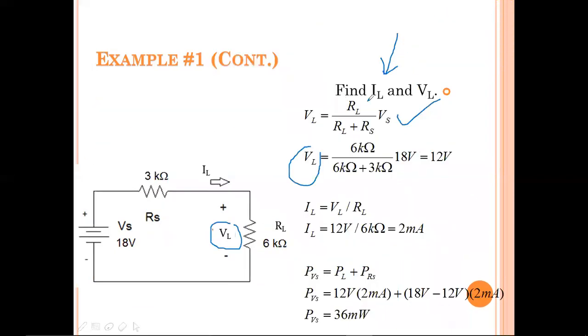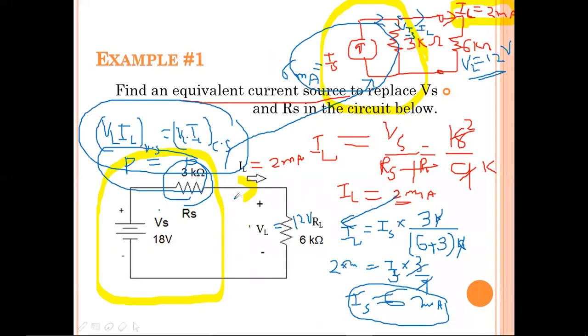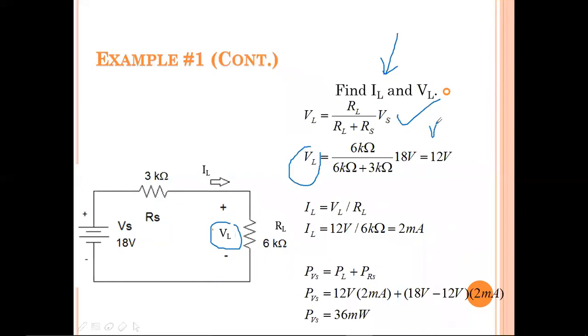So find IL and VL, because these are the parts we are finding. For finding VL, you should depend upon the VDR, the voltage division rule. For the VDR, the input voltage of 18 volts is already given, and this is the required resistance divided by the total resistance.